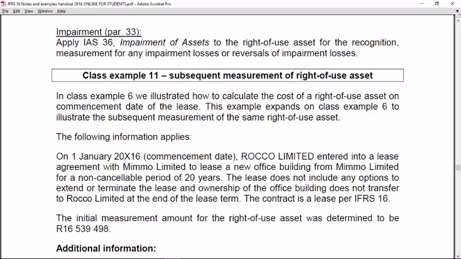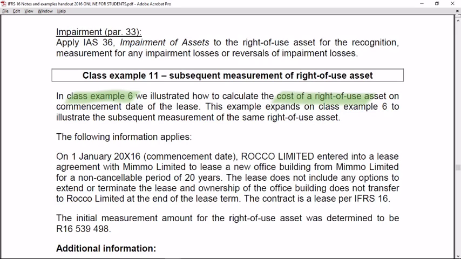Let's have a look at class example 11 to illustrate the subsequent measurement of the right of use asset. Again, we use the same information as what we used in class example 6. We will now illustrate how to calculate the subsequent measurement of the asset. In class example 6, we illustrated how to calculate the cost of the right of use asset.